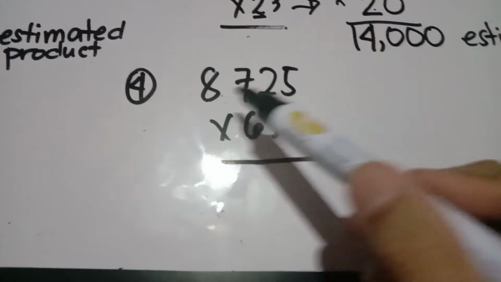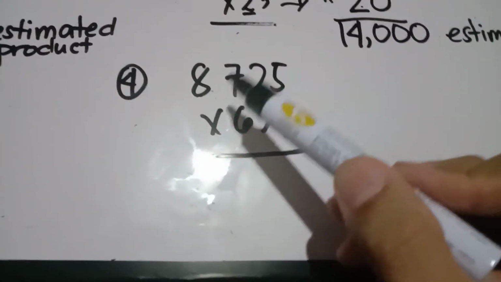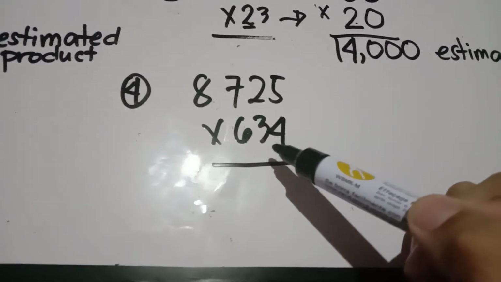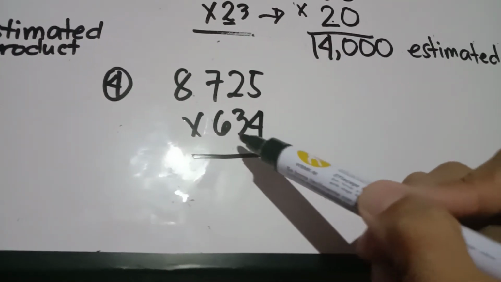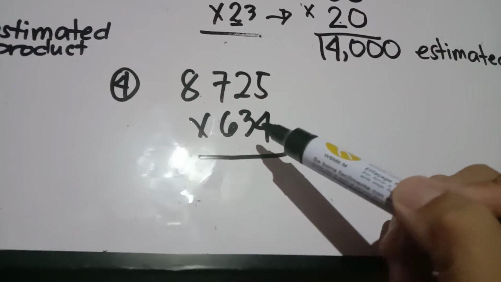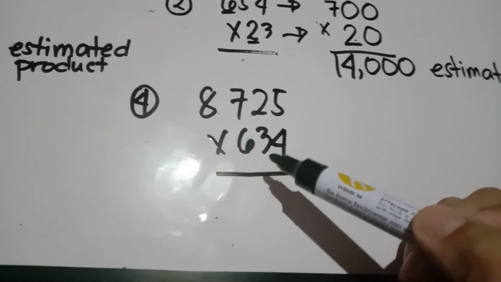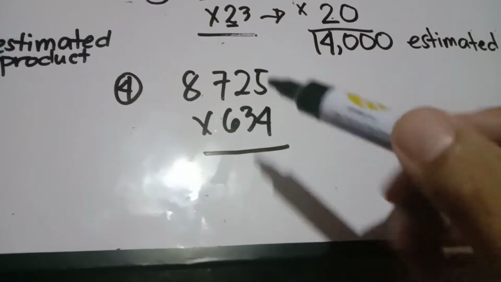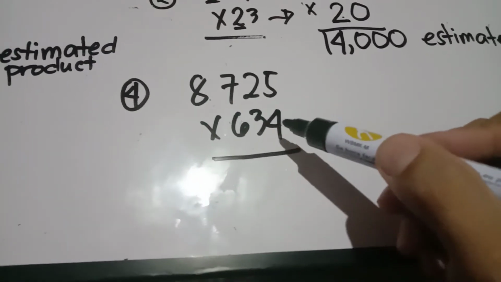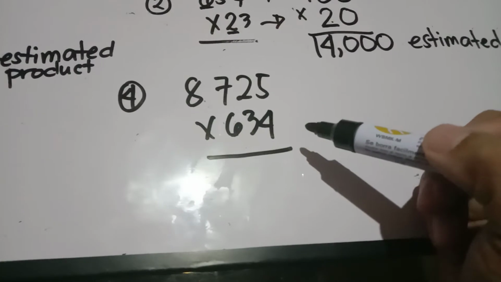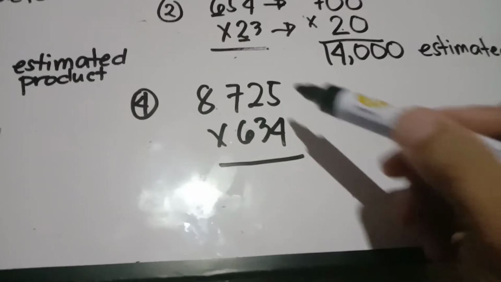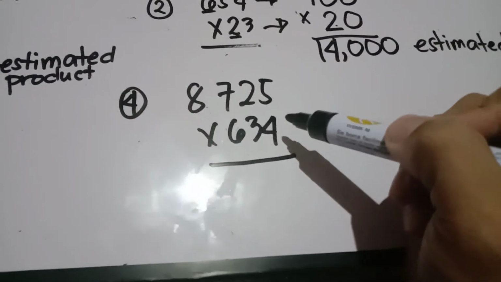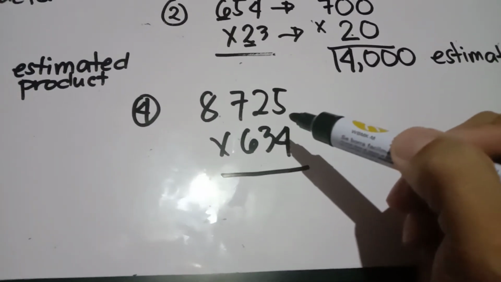The multiplicand has 4 digits, while the multiplier has 3 digits. So the same procedure, the same steps na susundin natin. Kahit magiging 5 digit by 4 digits ito, the same steps pa rin yung susundin natin.